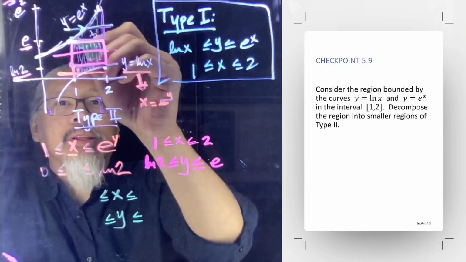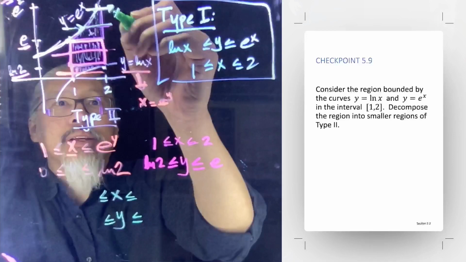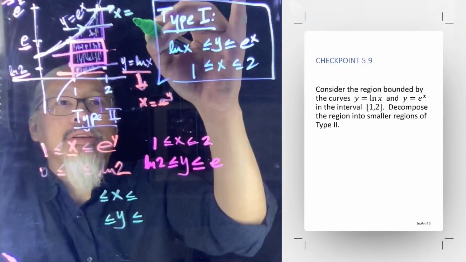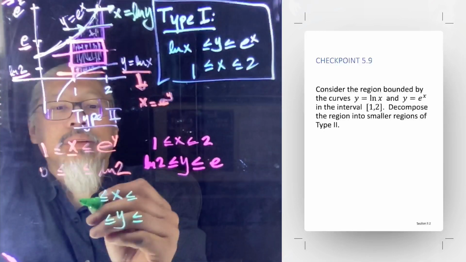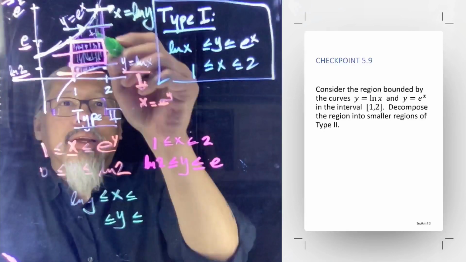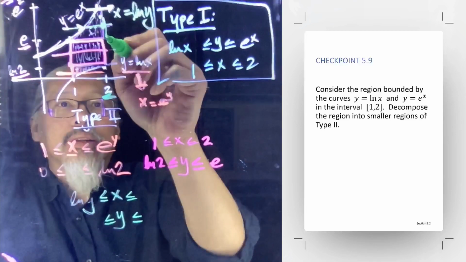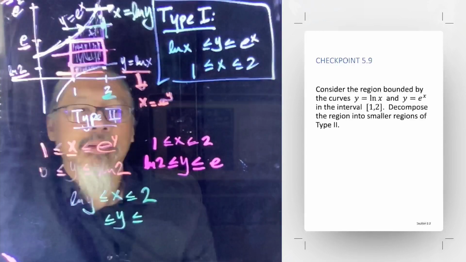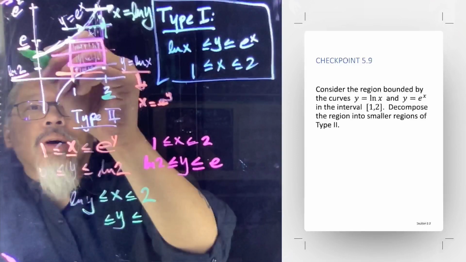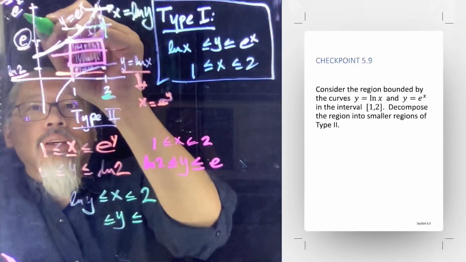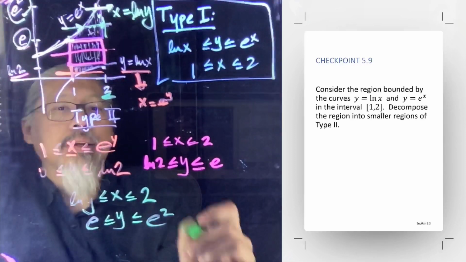This is y equals e to the x, and so you need to change that into x equals something, and this is going to change to ln y. So that's going to be the lower limit, ln y, and then you're going to be inside of this region until you get out of this, x is equal to 2. Okay, and then now your y is going to go from this y value e to this y value e squared. So this is going to go from e to e squared.